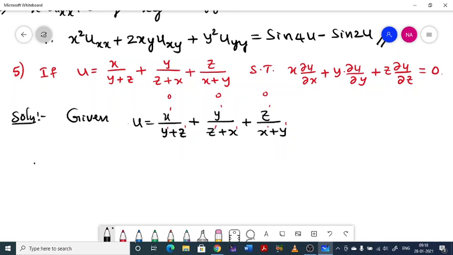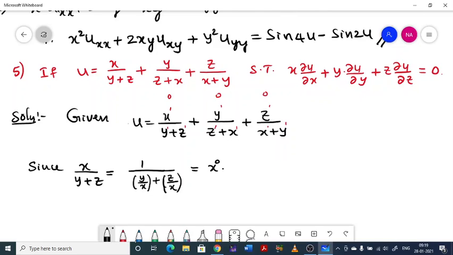Since x by y plus z can be written as 1 divided by y by x plus z by x, which will be of the form x power 0 into g of, it is a function in y by x comma z by x.